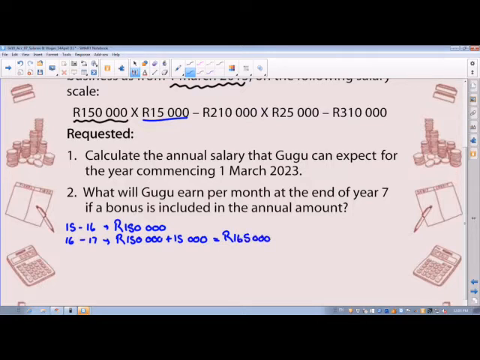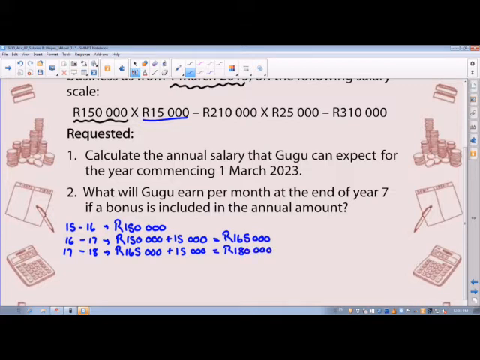We have 17 and 18. Now, we have to take the newest salary, our last salary is 165,000. And then we need to add again 15,000 until we get to 210,000. So we're not there yet. Let's add it up. You'll see now we have Gugu earning 180,000.